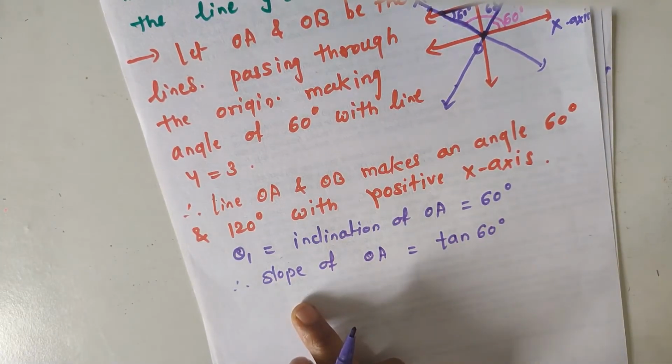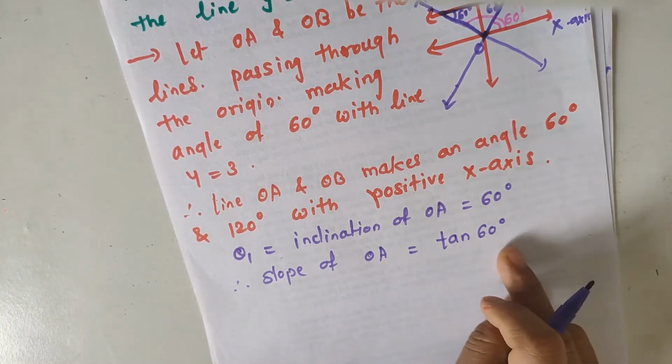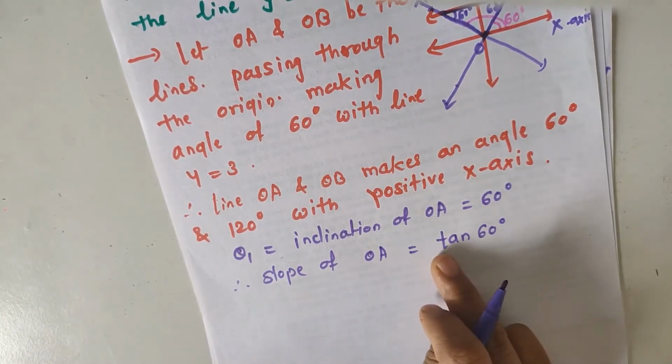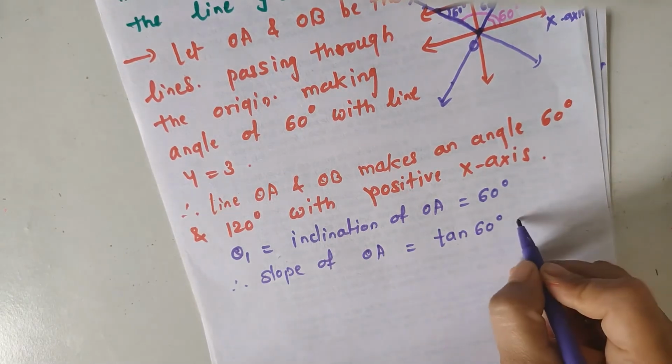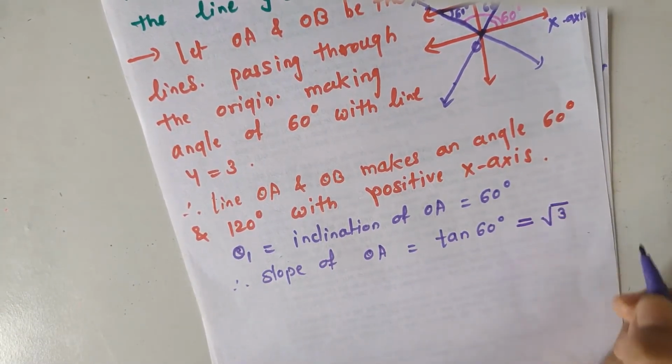We know the formula of the slope of a line is tan theta. So using this formula we get the slope of line OA, that is tan 60 degrees, and we know that tan 60 is √3.